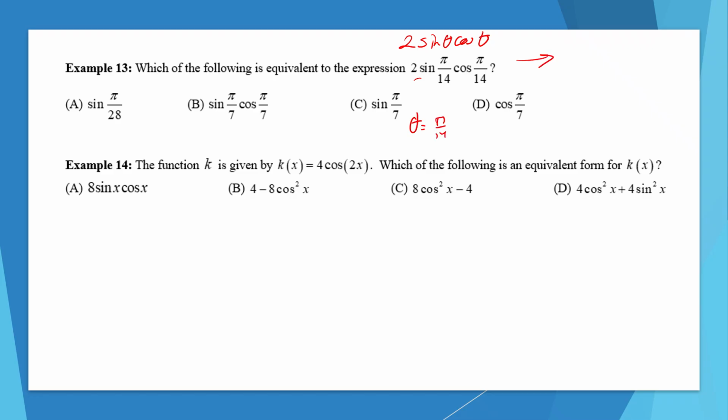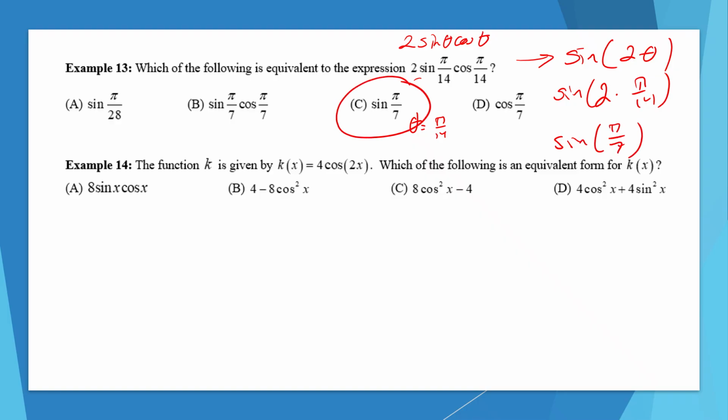And I think to myself, what equation could I use that's pretty similar to that? And that's going to be sine of 2 theta, which is sine of 2 times pi over 14, or sine of pi over 7. So C should be our answer for example number 13.